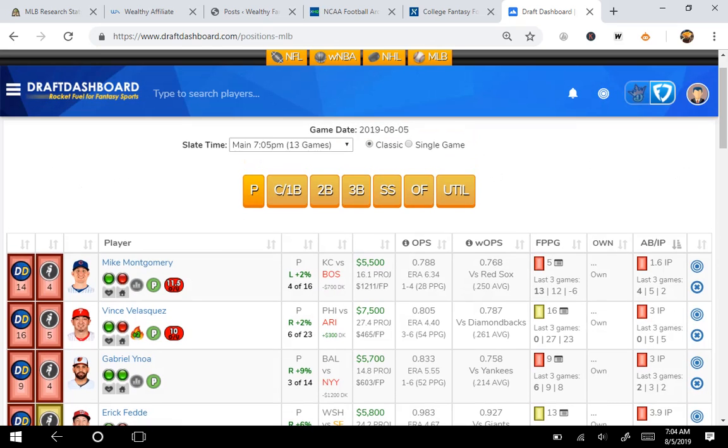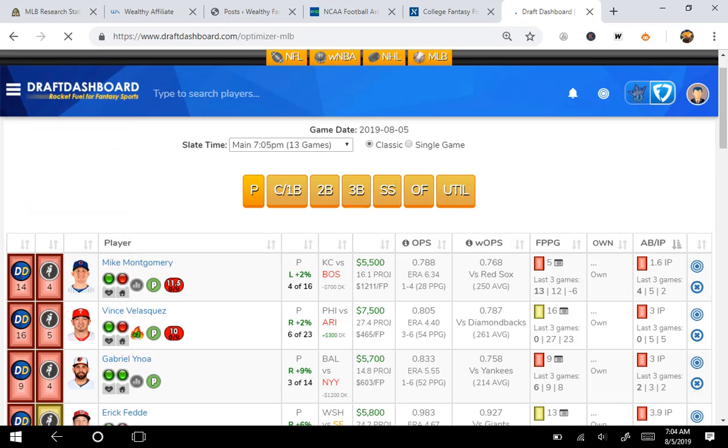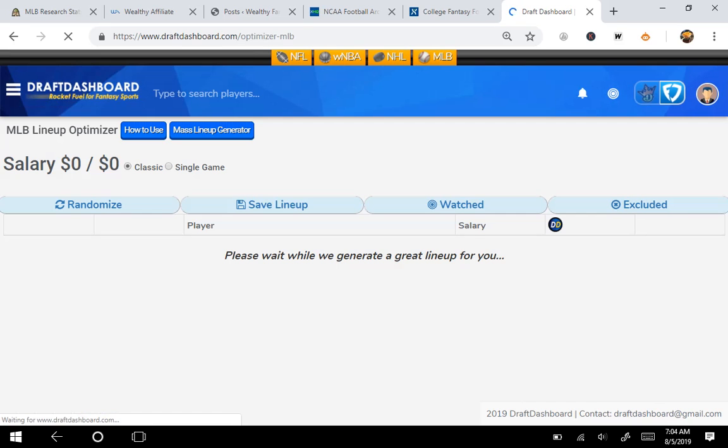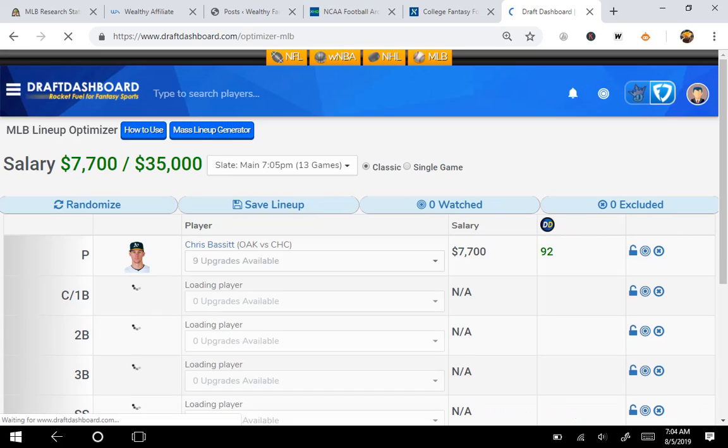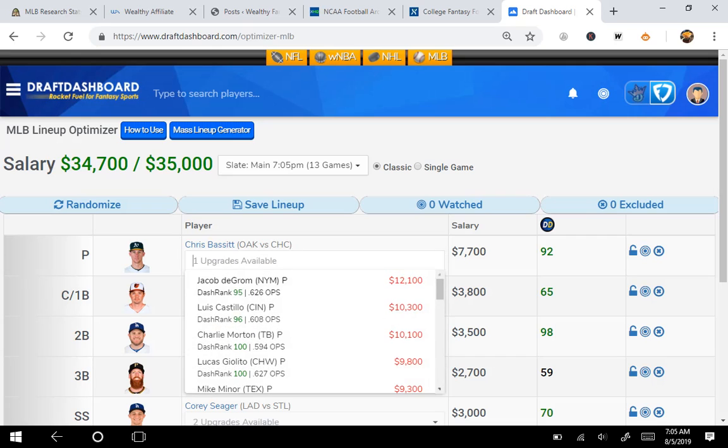Now, when I click on something like this in the optimizer, after I watch my players, this is important for me. Saturday, after I clicked on my position optimizer, this is what happened. I had a pitcher named Nola for Philly who came up every time as the best optimal pitcher that it came up with. And then I wanted to diversify that, and I put in the Washington pitcher Strasburg a couple times as opposed to that.